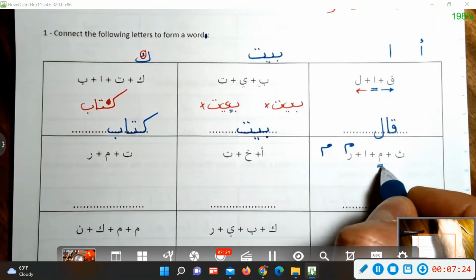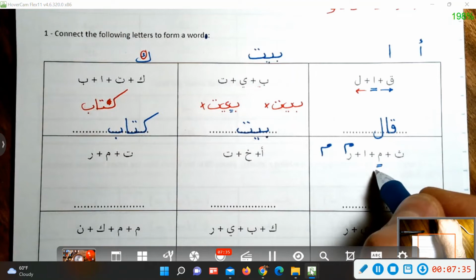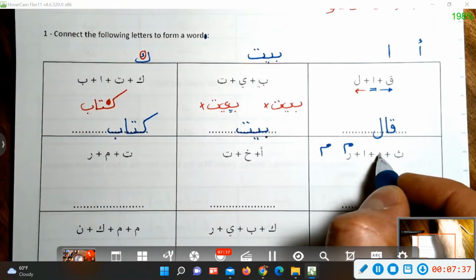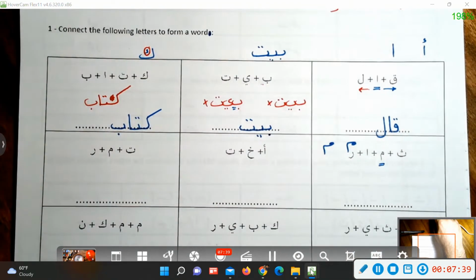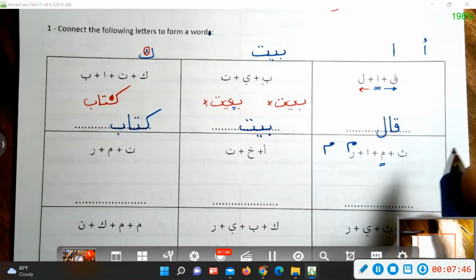But this is a printed meem. Usually you see it in books or on the computer screen, but not in handwriting. So it looks a little bit open from the left side. That's okay, but don't write it like this.